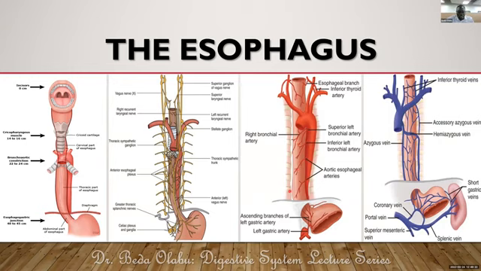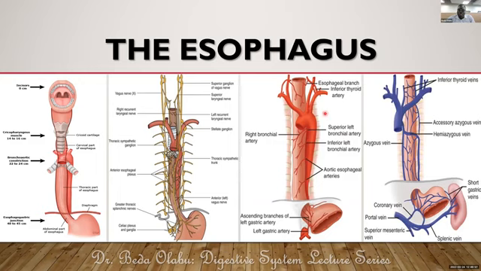That is the thoracic esophagus. And the lower esophagus, the part of the esophagus especially within the abdomen, receives blood supply from esophageal branches of the left gastric artery. The left gastric artery is the artery that supplies the stomach. So there are some esophageal branches of the left gastric artery. That's the arterial blood supply.